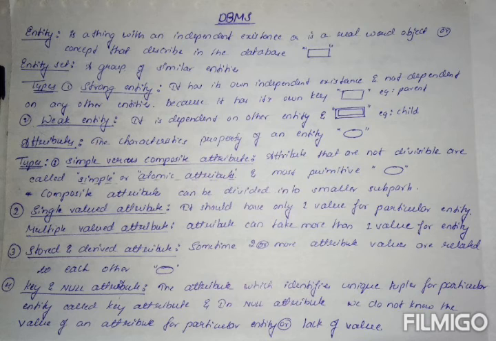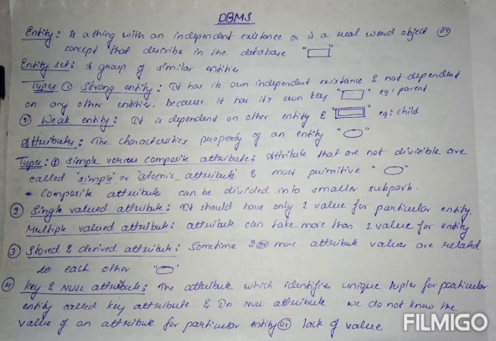Next one, fourth one is key and null attribute. Key attribute means an attribute which identifies the unique tuple for a particular entity. That is called a key attribute. Key. So for example, employee identity number, it means they are very unique and they are not repeated, so it is a key attribute.